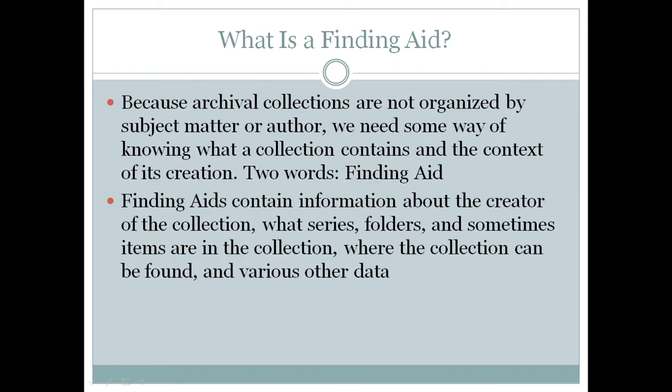So in an archival collection, you would need a finding aid in order to search by the creator, to know what is in the collection, what dates it spans, contextual information, what sort of materials are in the collection. That would be in your finding aid.